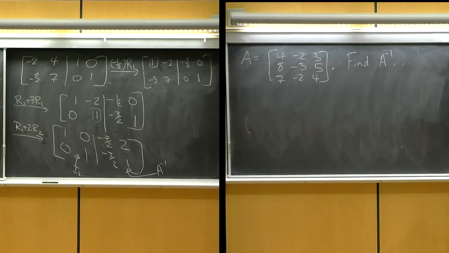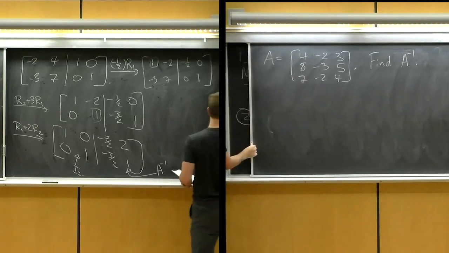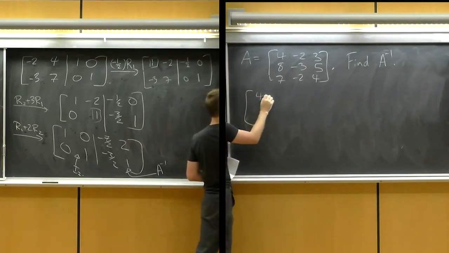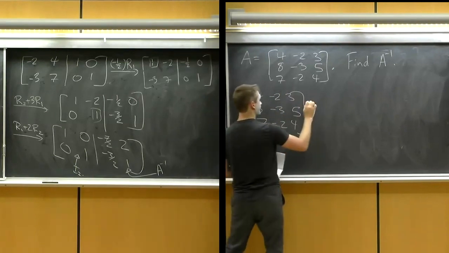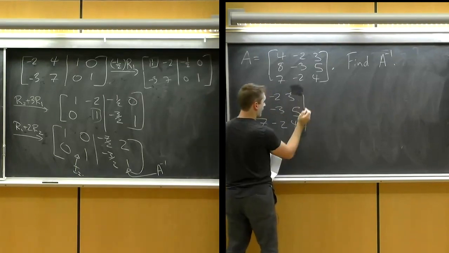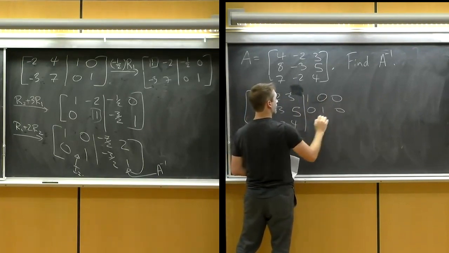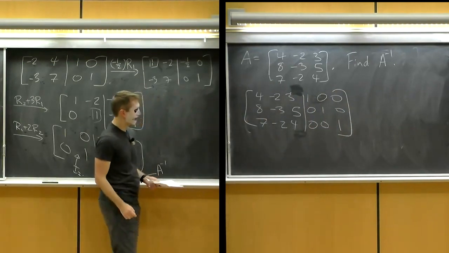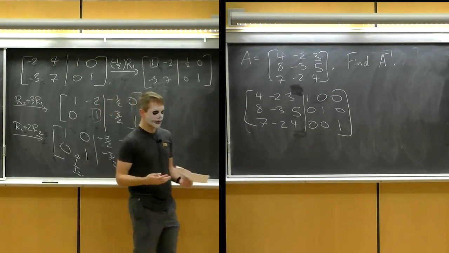So yeah, we're just going to follow those steps that I wrote down before and seem to have erased or covered up. So we start by just writing down our matrix again. But with the identity on the other side. Okay. And then we just do Gauss-Jordan elimination.